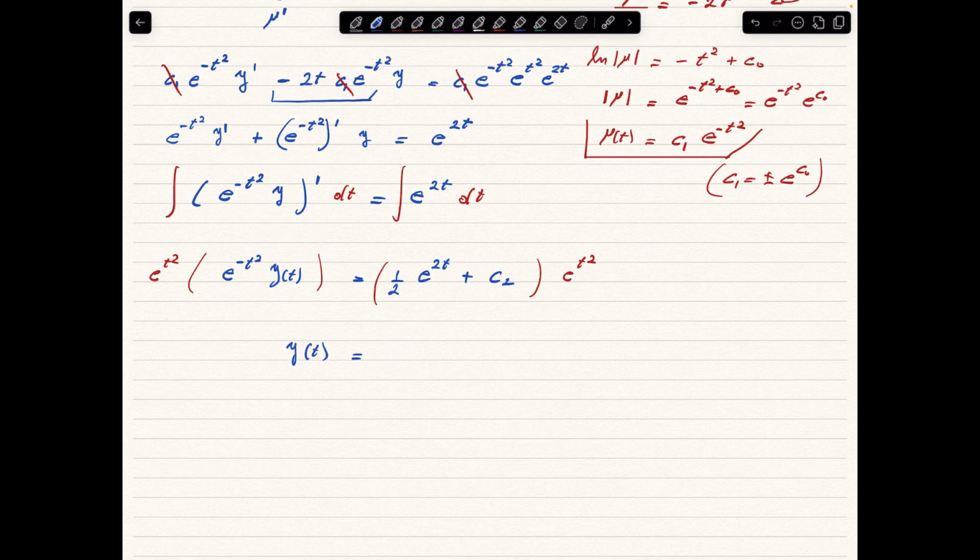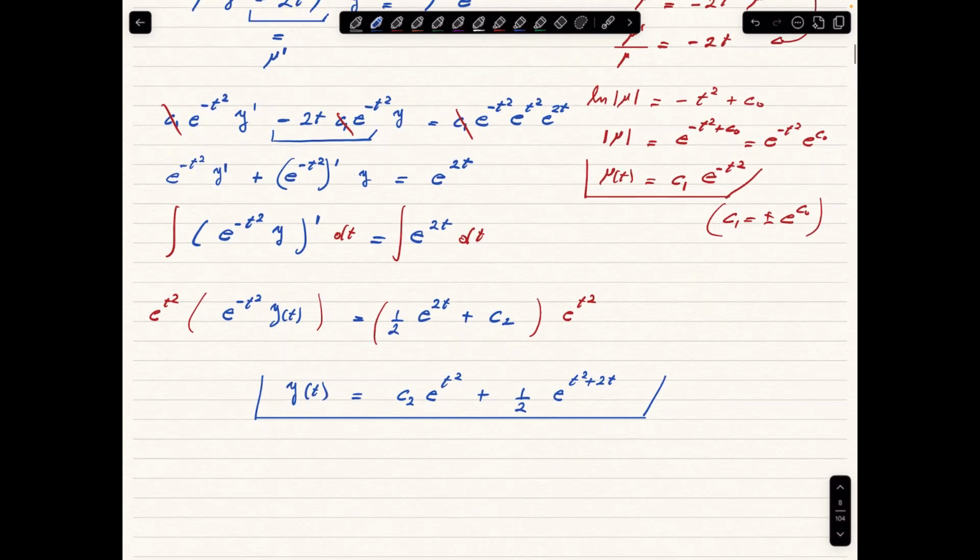And on this side we are going to have c2 exponential positive t squared plus 1/2 exponential t squared plus 2t. So these are all the solutions, and now we need to use the initial condition.